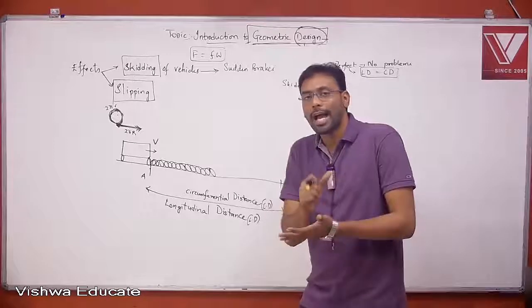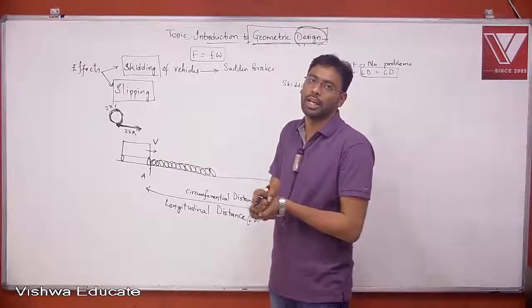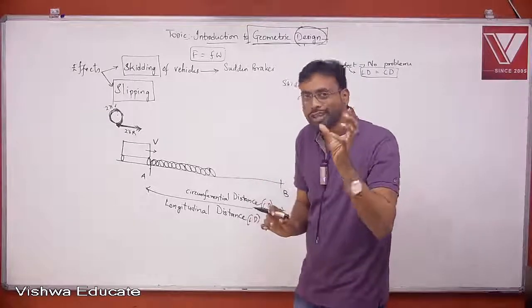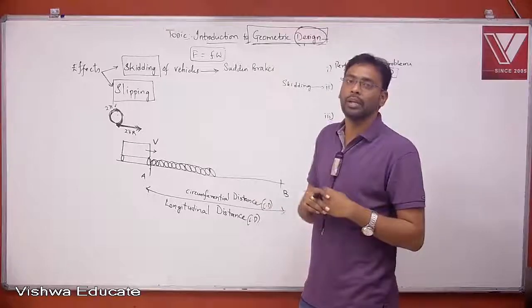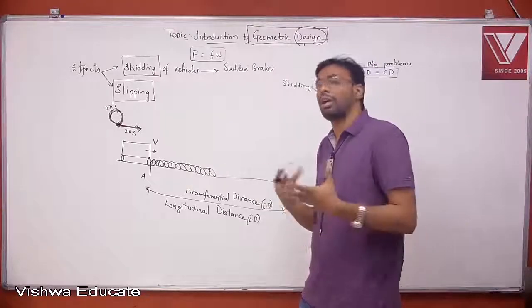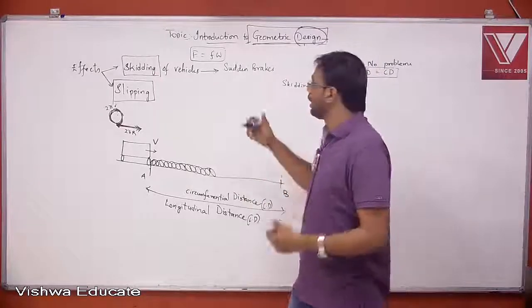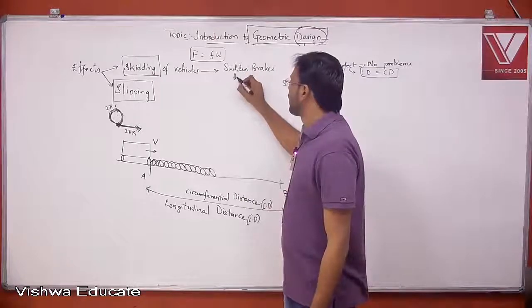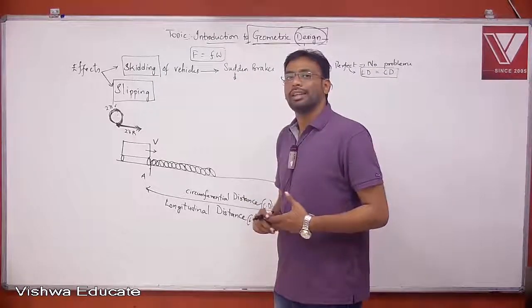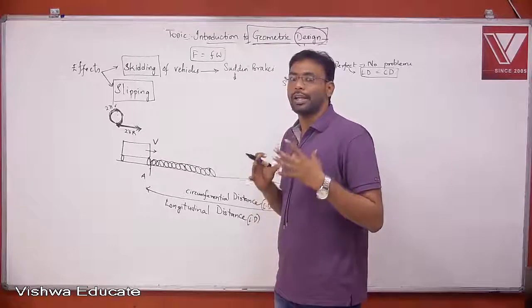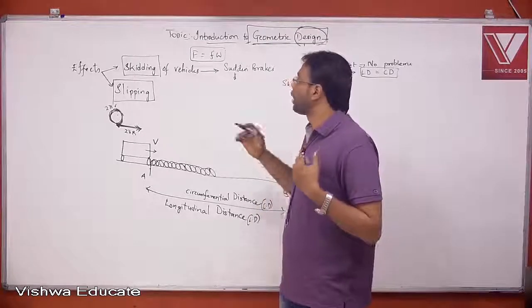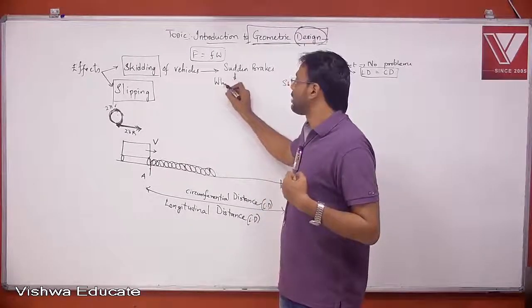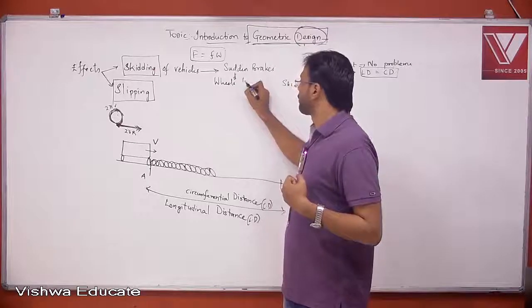And what happens if you apply sudden brake? What kind of changes will there be in your two-wheeler or four-wheeler, whatever it is? If you apply sudden brake, the condition of the vehicle changes, and we call it the wheels locked condition.